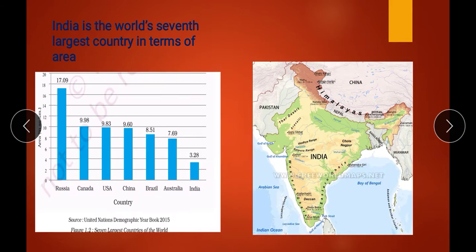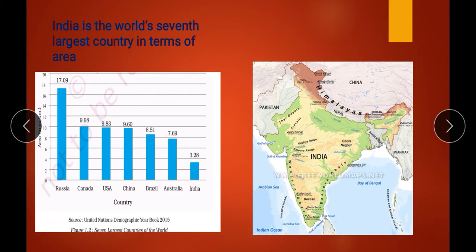And look here, these are 6 countries which are larger than India in terms of area: Russia, Canada, USA, China, Brazil, Australia. This is important, you have to remember and learn all the country names. Russia is almost 5 times larger than India. Canada, USA, China are almost 3 times larger than India in terms of area.